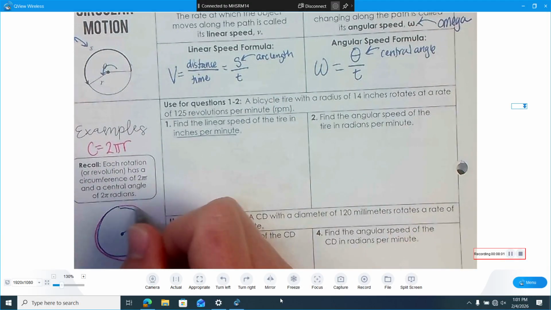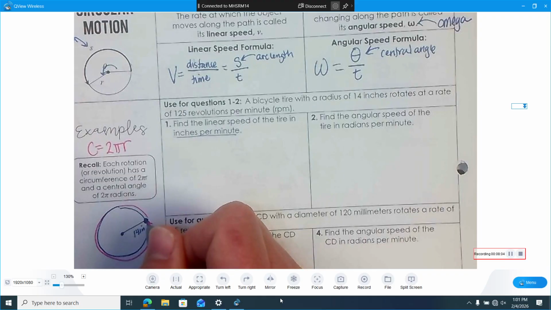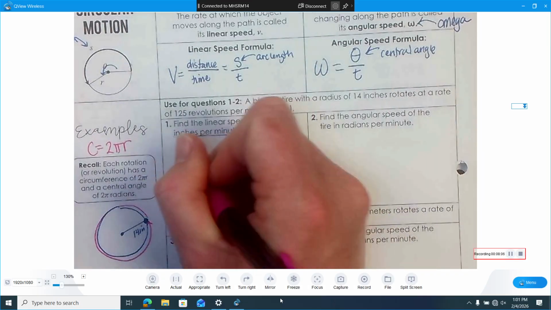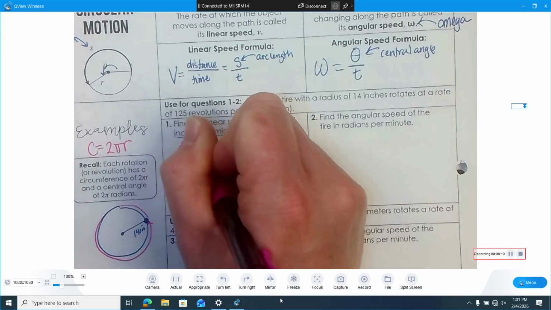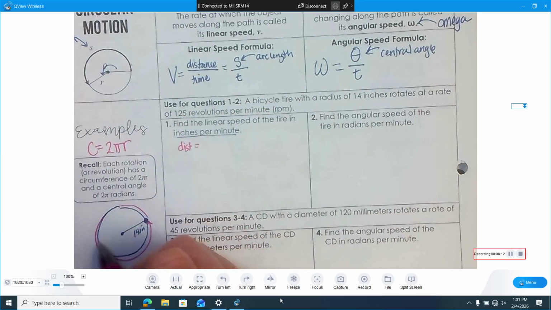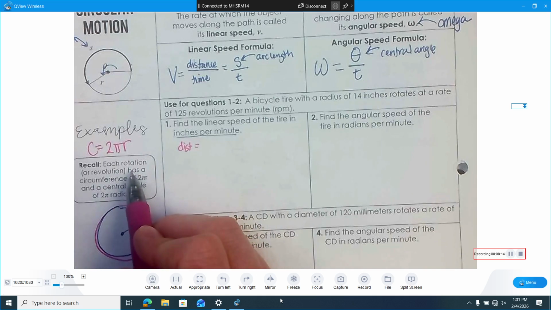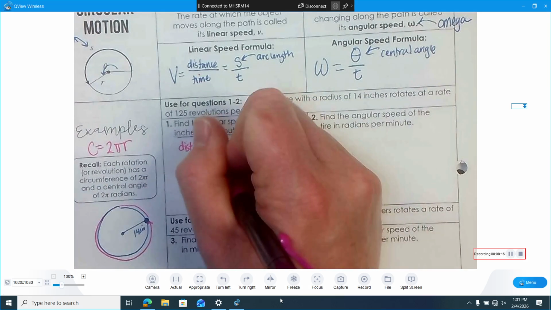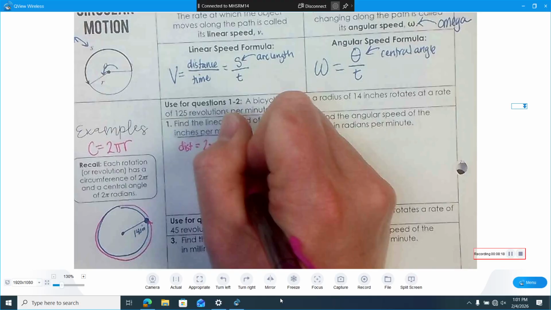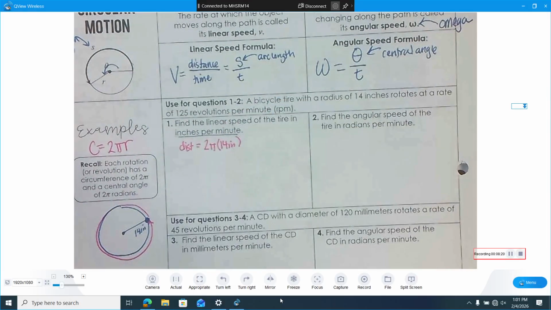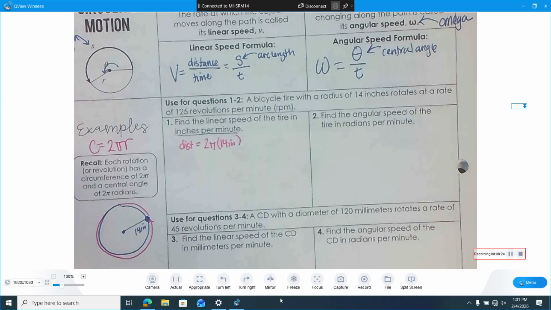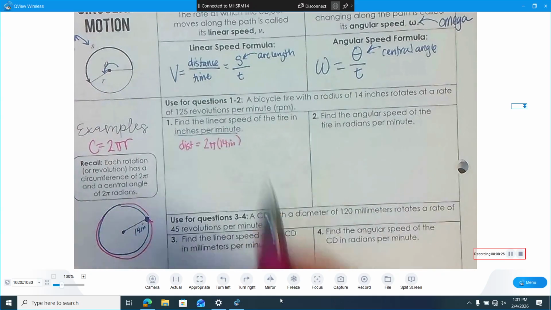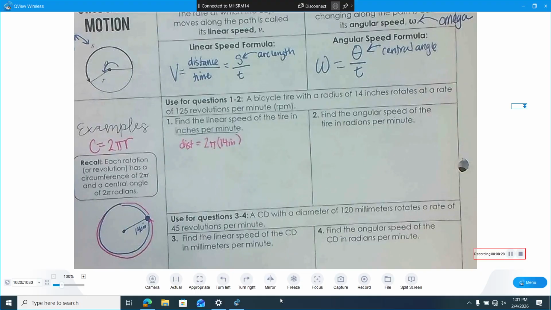I like to try and find the distance that it's going. So in one rotation, it traveled one circumference, right? That would be 2 times pi times my radius of 14 inches. But that was only one rotation. How many rotations did it do?